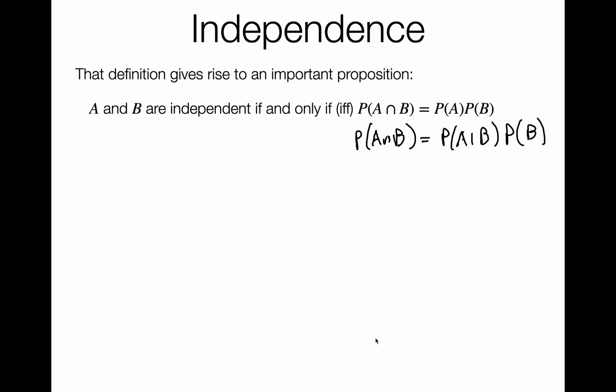But A and B being independent means that the probability of A given B is equal to the probability of A. And so up goes the probability of A, and we get this. This gives us a way to test if something is independent or not: if the probability of the intersection is equal to the product of the probabilities of the individual events.